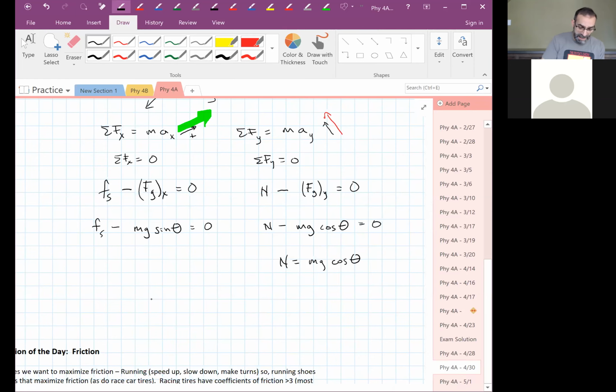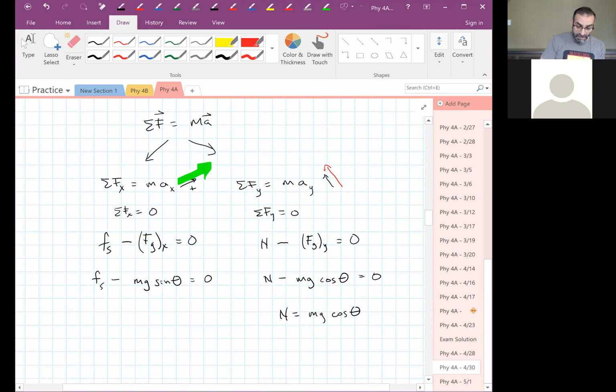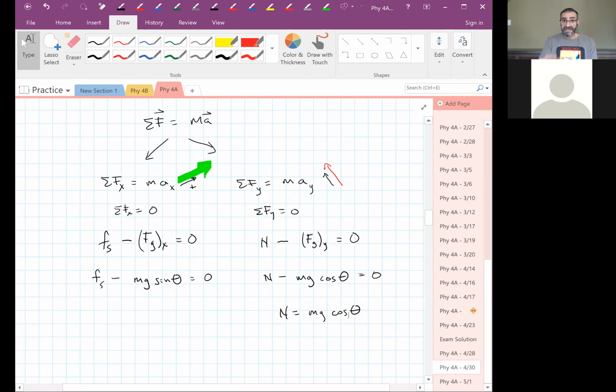But in this case, I think we're done with this illustration. But you get the idea here. We do the perpendicular direction to find the normal force, and usually we plug that into the parallel direction of the incline to figure out whatever we're looking for: friction force, tension in a string, acceleration, something like that. Okay.